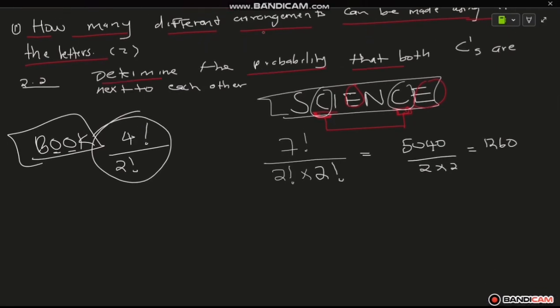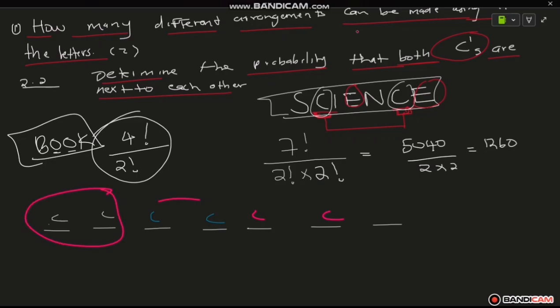Now let's try question 2. Determine the probability that both C's are next to each other. So we have 7 spots. These 2 C's can be like this, or they can be here, or they can be here. As you can see, they are all next to each other.